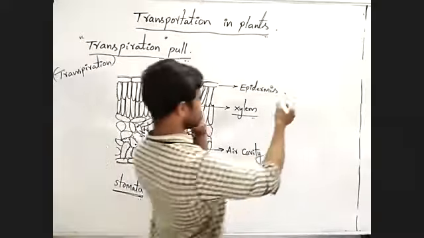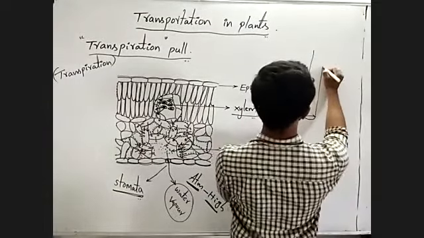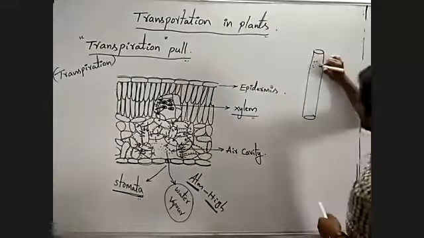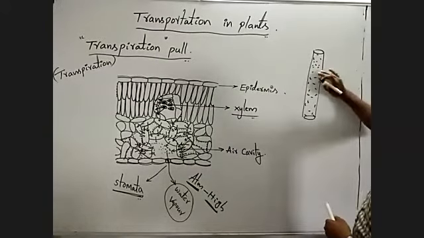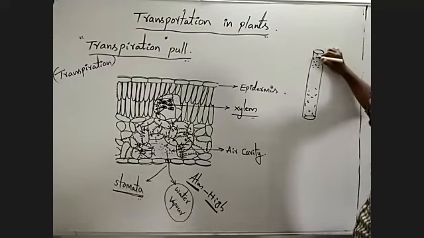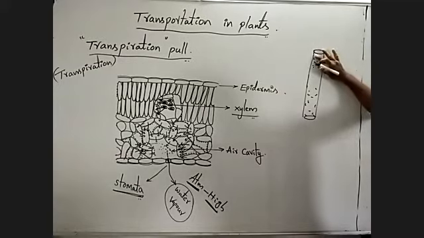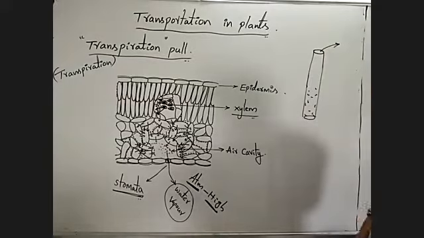For example, imagine it is a xylem vessel. Water is present here, and here also water is absent. Imagine a pulling effect is created on this.